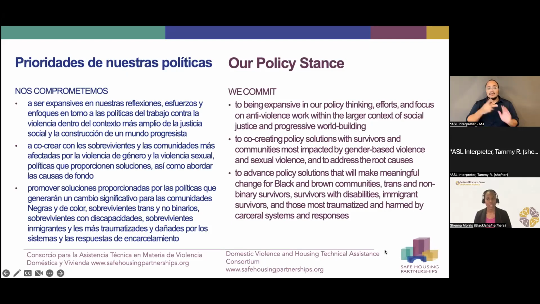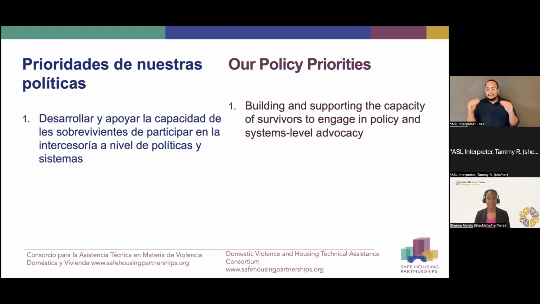Our policy stance at NRCDV: being expansive in our policy thinking and efforts, co-creating solutions with survivors and communities most impacted, addressing root causes of violence, and advancing policy solutions that will make meaningful change for Black and Brown communities, Indigenous communities, trans and non-binary survivors, survivors with disabilities, immigrant survivors, and those most traumatized and harmed by what are called and referred to as carceral systems and responses. Next slide, please.